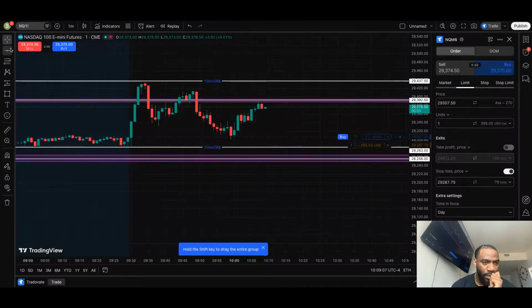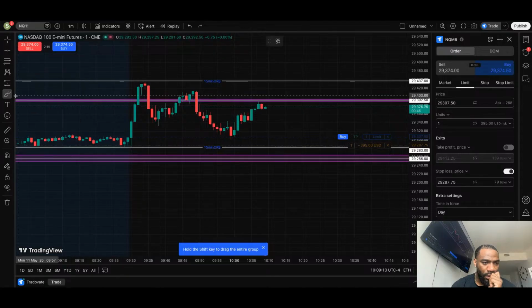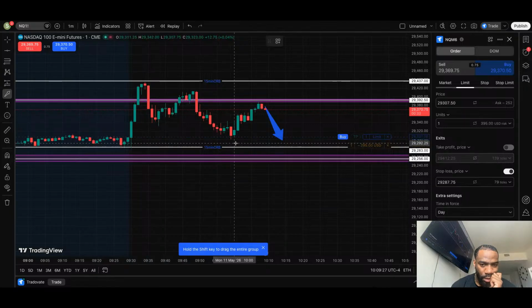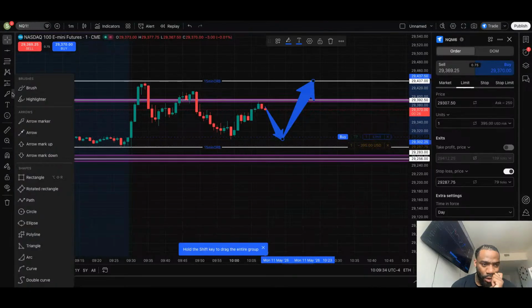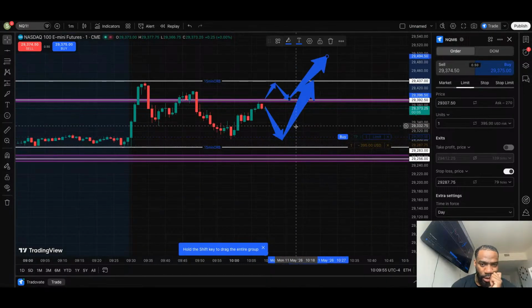How could I draw this? So either we want price to do this, come down, to go back up, or we want price to come up above here, come to this line, show support, and then go back up.